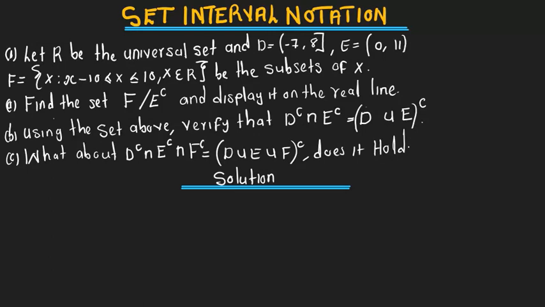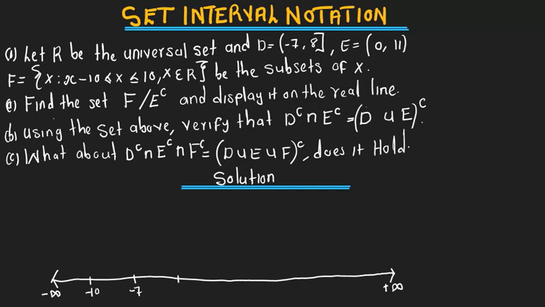So we are going to draw our real line here. This is going to be our real line, like that. And then we're going to have negative infinity here. We're going to have positive infinity here. Then we know that we have negative 10. We know that we have negative 7.